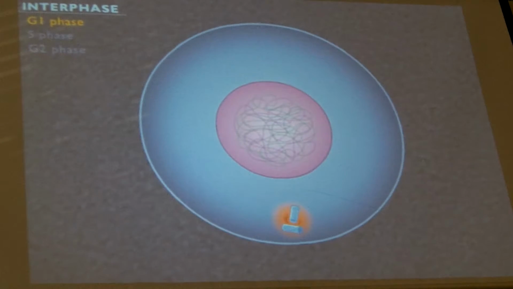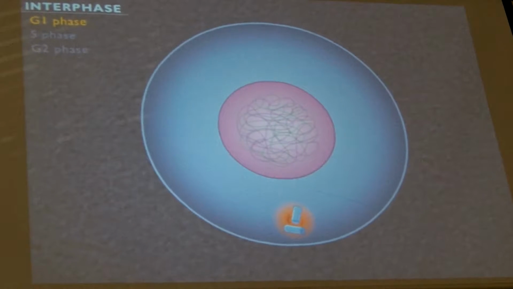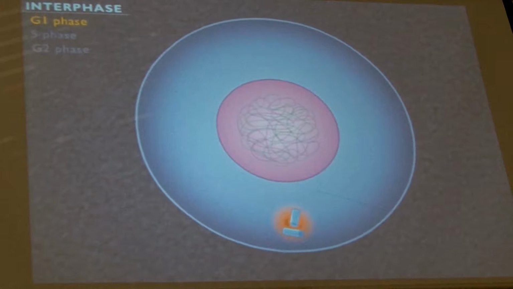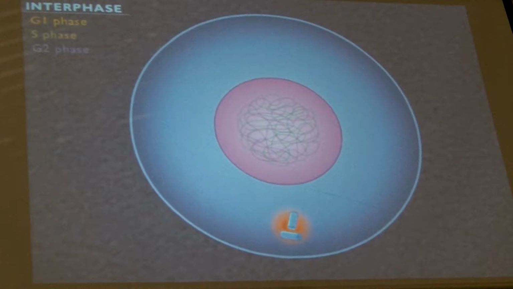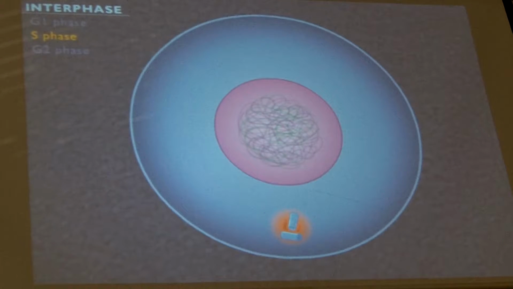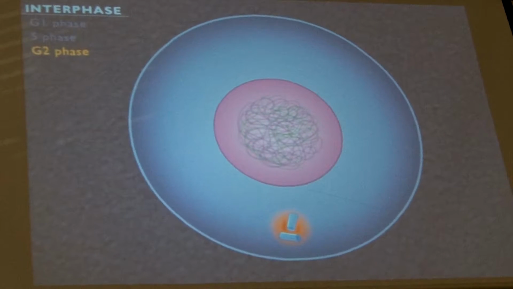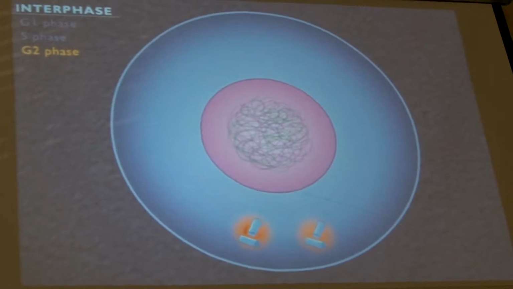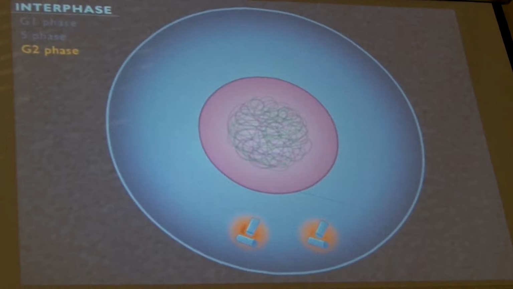During the G1, or first growth phase, normal cell functions occur as well as cell growth. In the S phase, DNA replicates, producing 2 copies of each chromosome. During the G2 phase, the cell continues to prepare for mitosis and cell division.